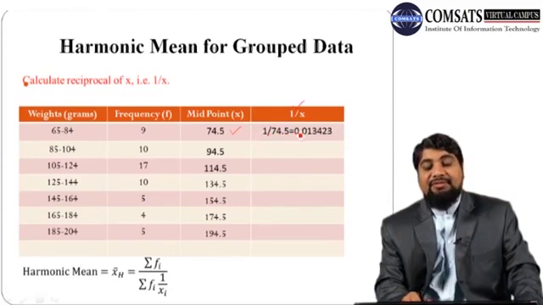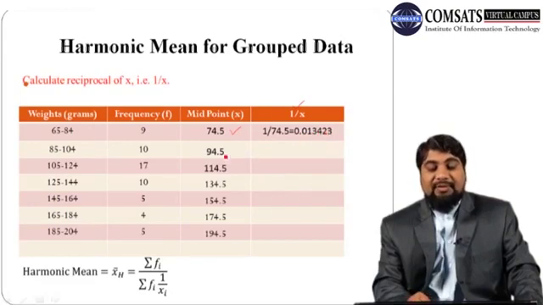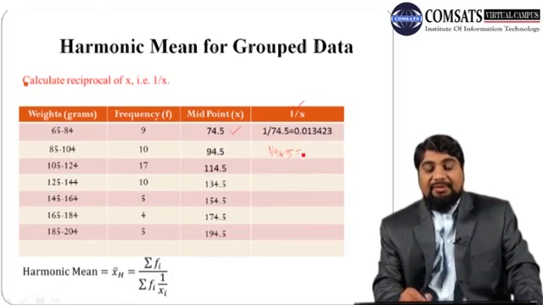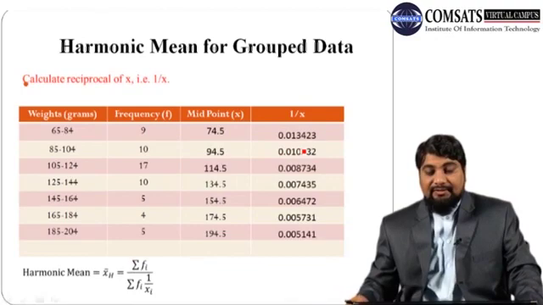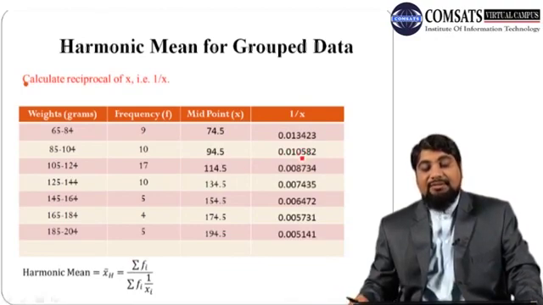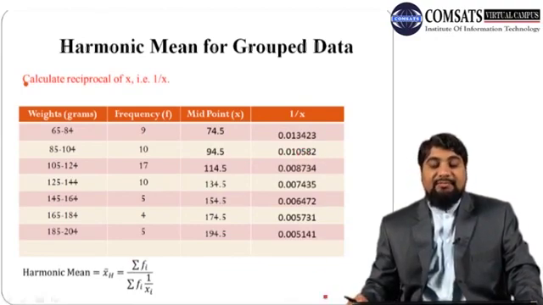So it is 0.013423. Similarly, here we will have 1 over 94.5. We can simplify it to get 0.010582, and so on.